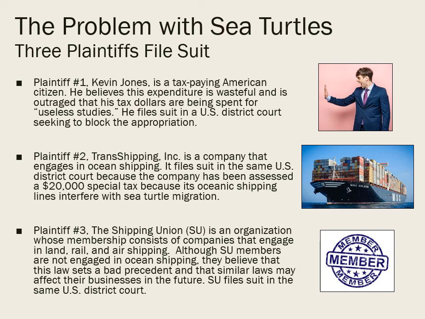And while Shipping Union members are not currently engaged in ocean shipping, the union believes that the law sets a bad precedent and that similar laws might affect their business in the future, so they file suit as well. So we've got 3 different plaintiffs filing suit to get rid of this appropriation for the grant, as well as the statute that went with it.